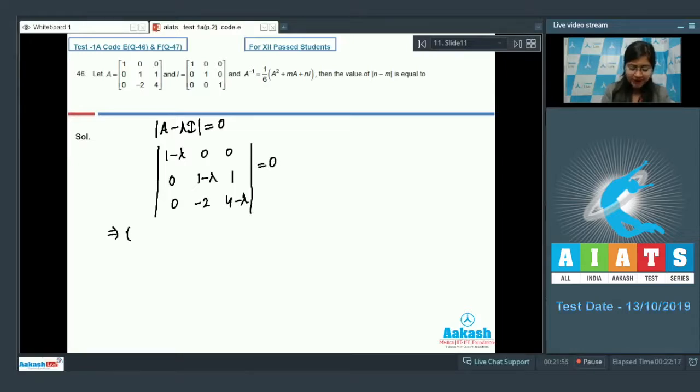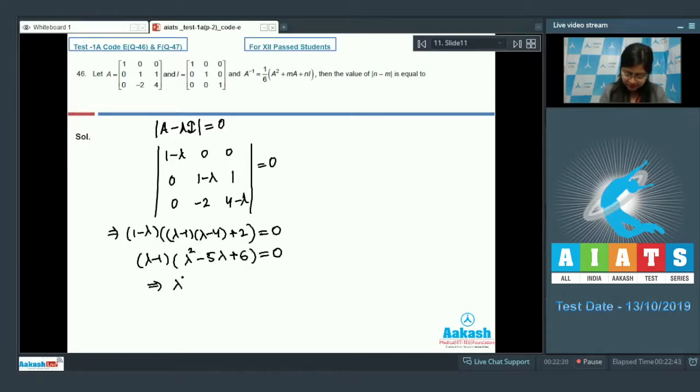Expanding along column 1, 1 minus lambda into lambda minus 1 into lambda minus 4 plus 2 equal to 0. That is lambda minus 1 into lambda square minus 5 lambda plus 6 equal to 0.